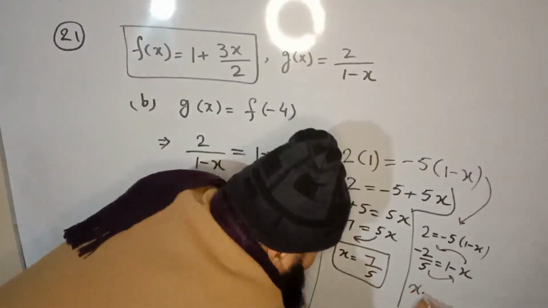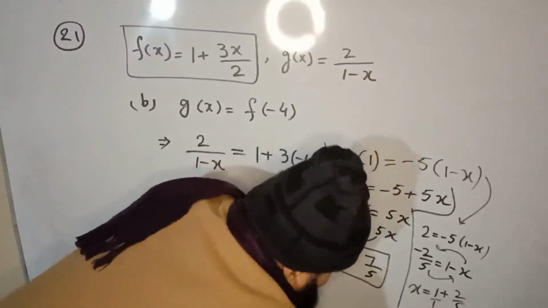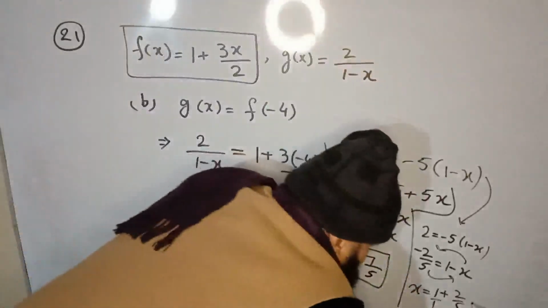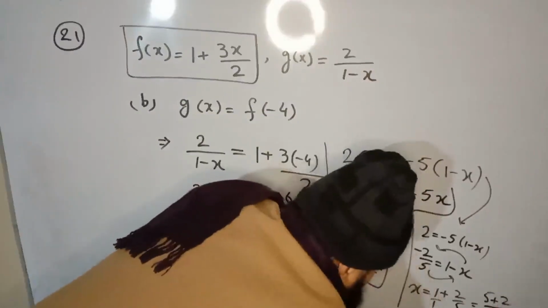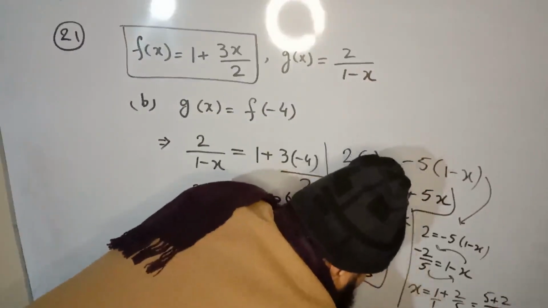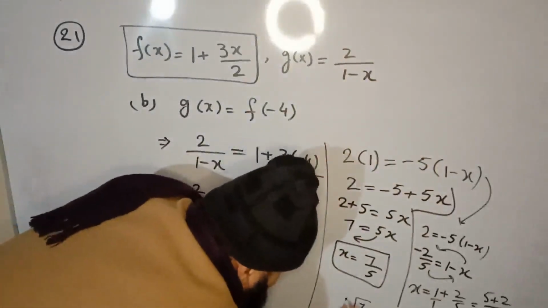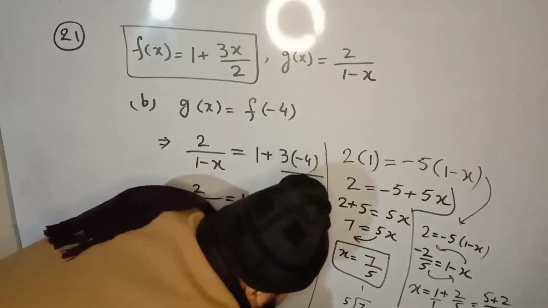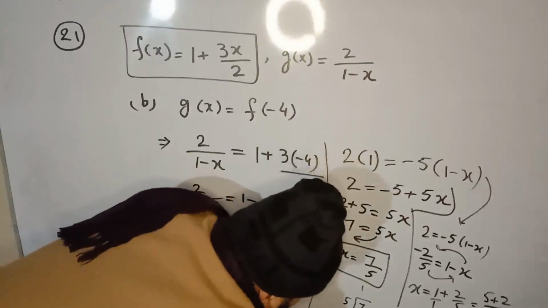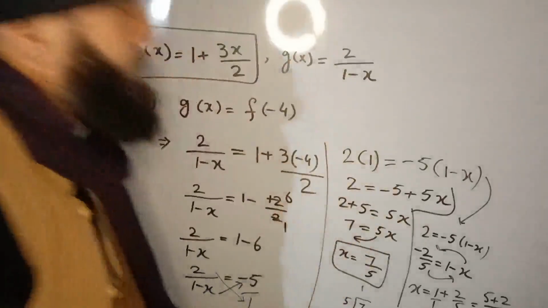So x becomes positive and becomes 1 plus 2 over 5. This is 1 over 1. When we take LCM, 5 is LCM. This is 5 plus 2. So x will again be equal to 7 over 5. 7 over 5 can also be written like that: 7 divided by 5, 5 ones are 5, 2 is remainder. So x can be written as 1 whole 2 over 5. Both answers are same.